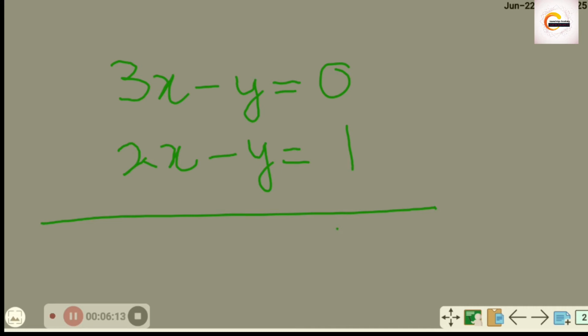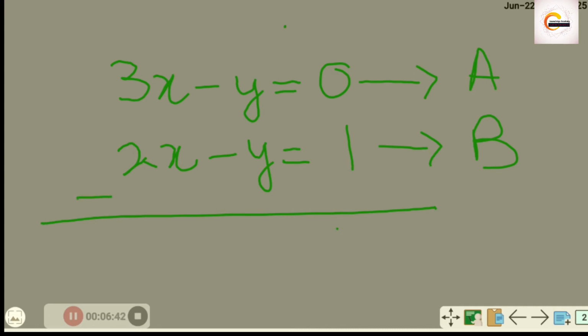So how can I eliminate one variable? Simple. If I subtract equation b from equation a, I will be able to eliminate the y variable. So the sign changes.